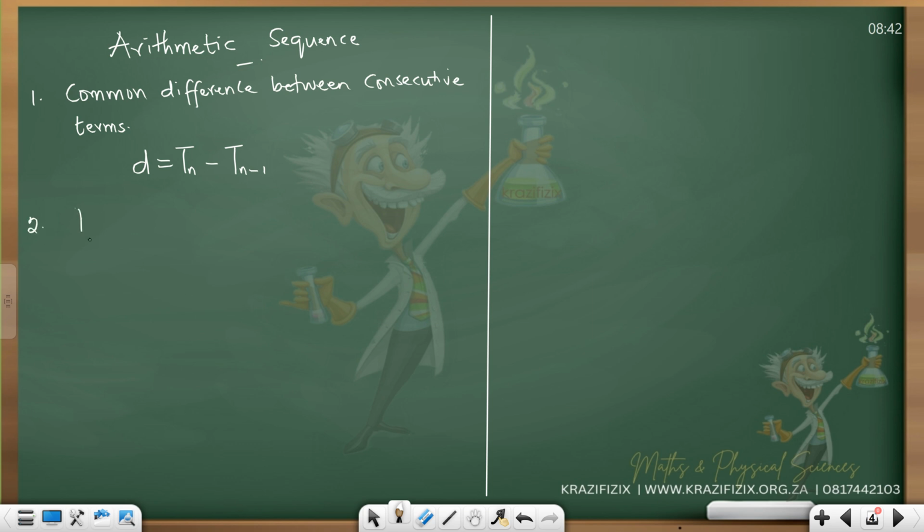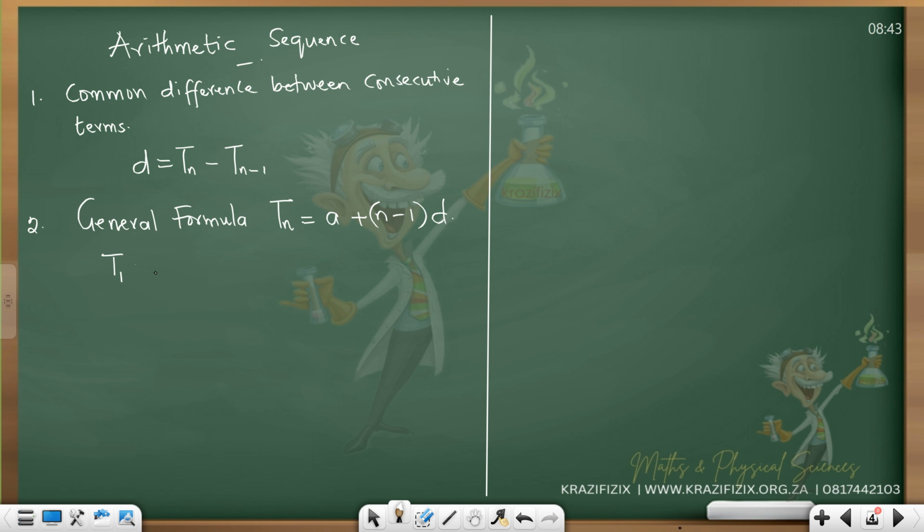Number two, we have a unique first term. Okay, before I go to the unique first term, let's talk about the general formula. General formula. Tn equals A plus (n minus 1)d. Those are things we know, so I'm going to move quickly. Tn equals A plus (n minus 1)d.